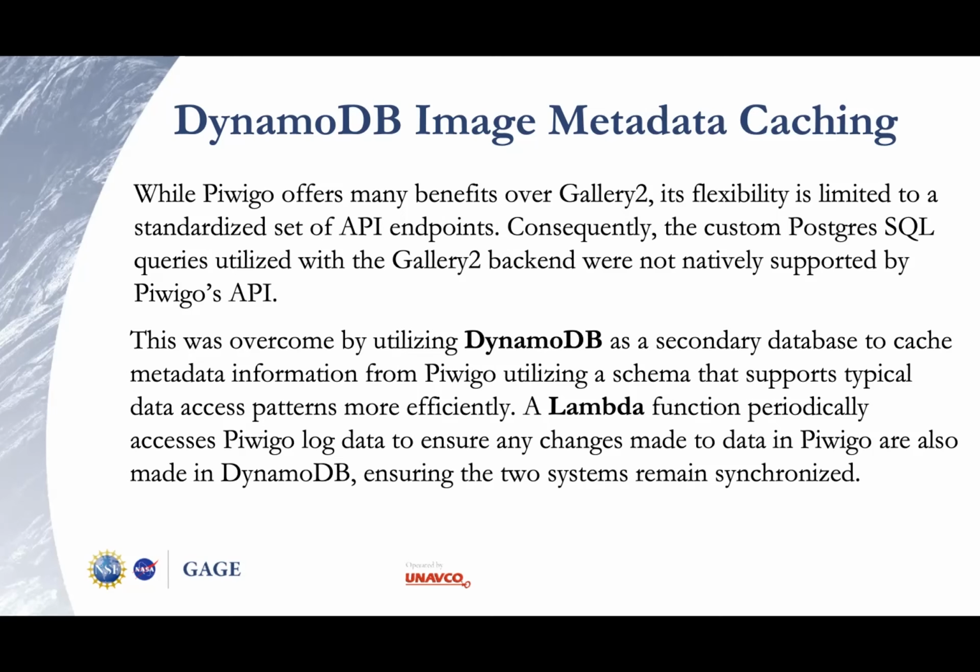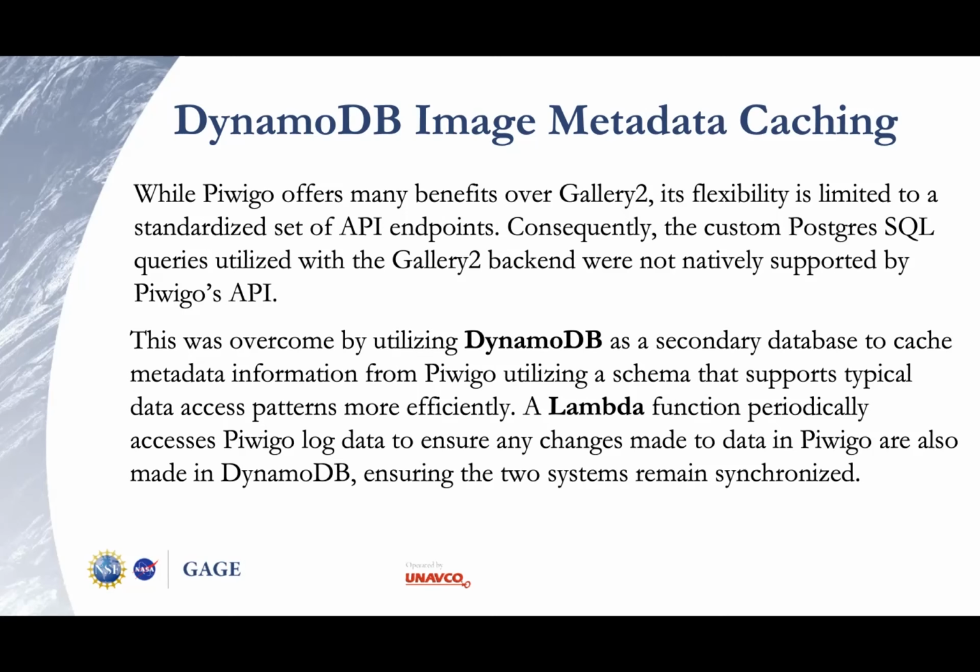And to keep these two databases in sync, I deployed another Lambda function that checked log data from PyWego, so whatever changes might have been made by a user would also be replicated onto the DynamoDB data. So these two systems work interchangeably depending on how the data is being accessed. If it's being accessed in a visual way through the PyWego gallery, that's handled by PyWego.